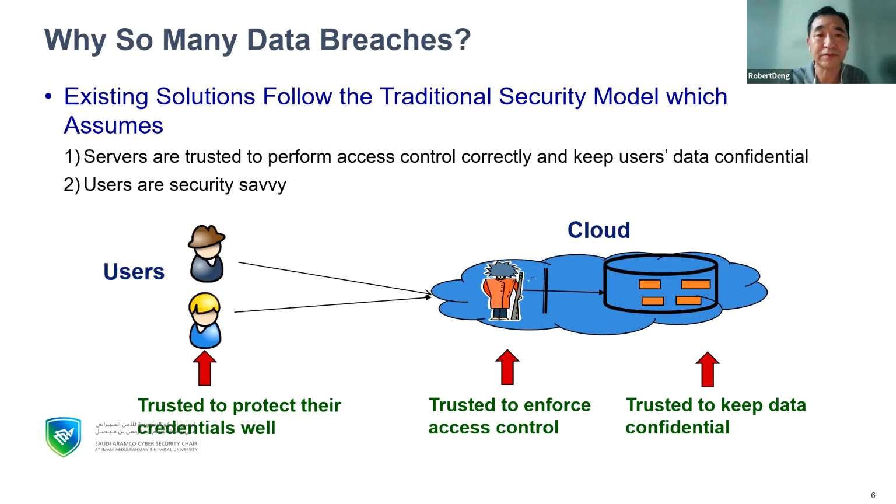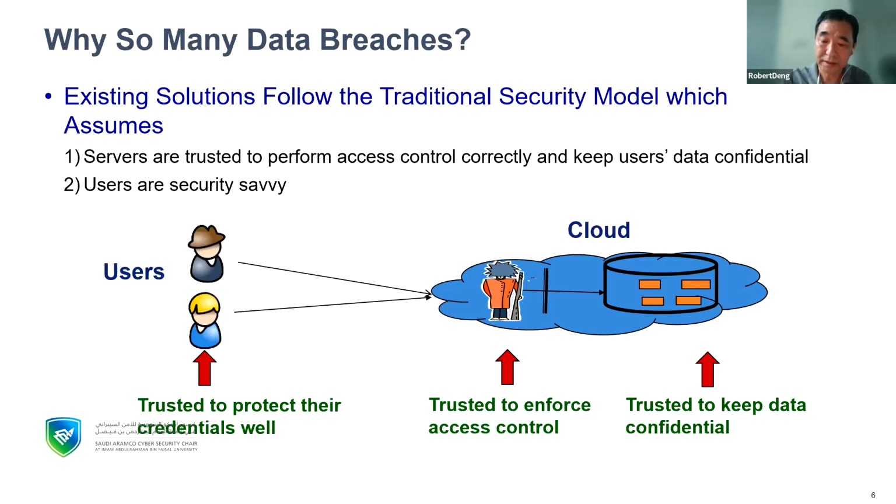So the assumption is we have total trust in the servers and the storage systems. The second assumption in the traditional security model is that we trust users to keep their login credentials secure. So users are security savvy. Those are the traditional model assumptions.